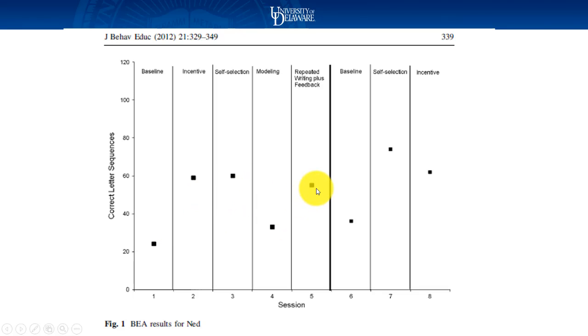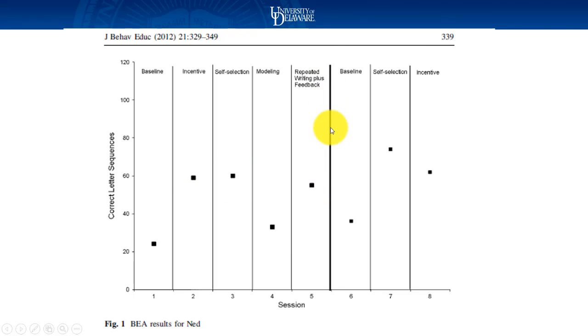And finally, they tested a repeated writing plus feedback, a combined intervention that addressed the hypotheses of needing more practice, hence the repeated writing, and needing more feedback. The intervention was fairly successful, but not quite to the degree of the motivation conditions.